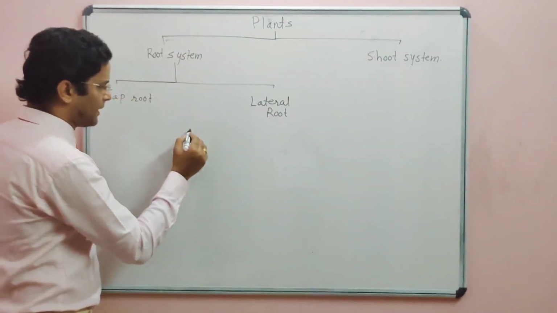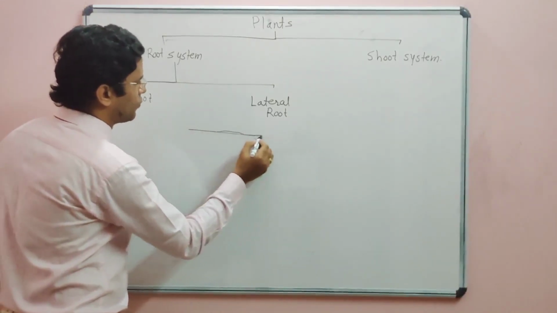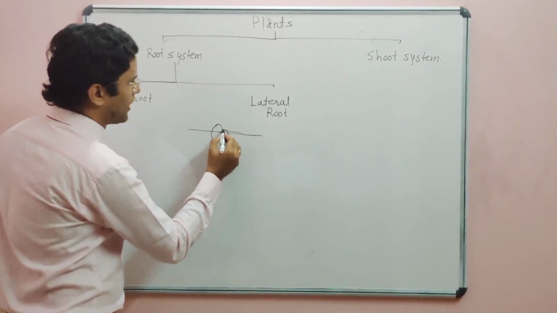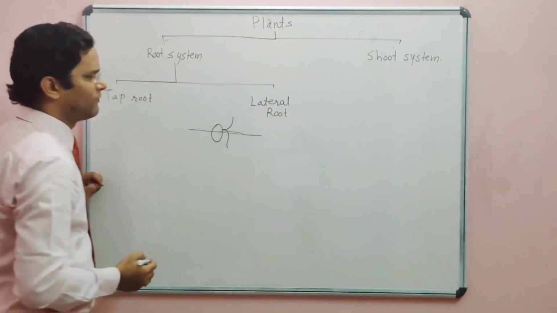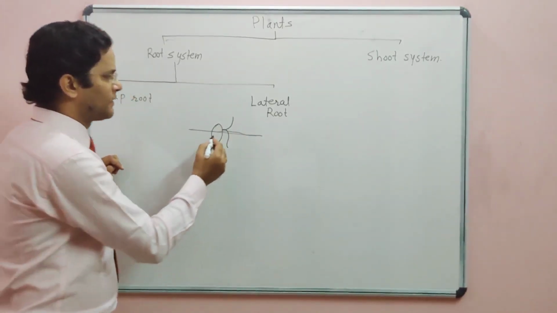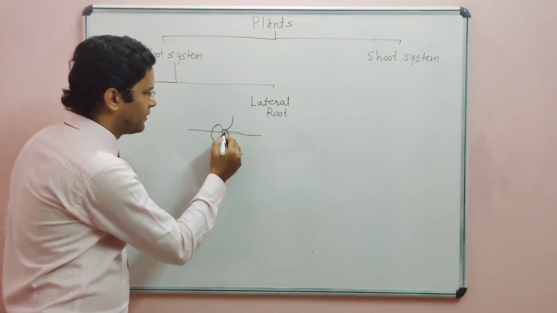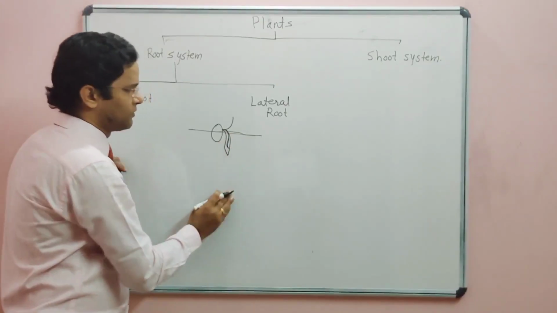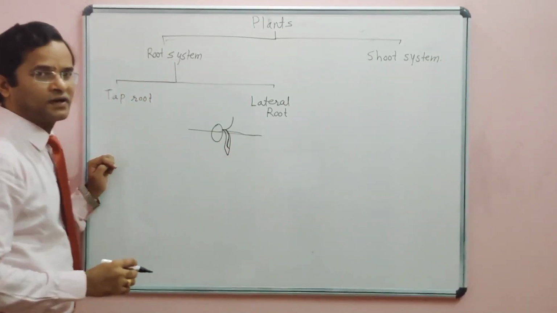So diagrammatically we will discuss in the soil, when from the seed, the radicle and plumule develop like this. That radicle further develops and forms into the root, that is the tap root.